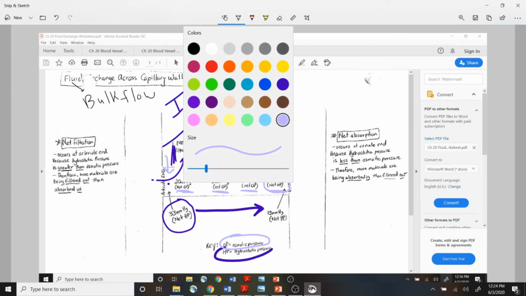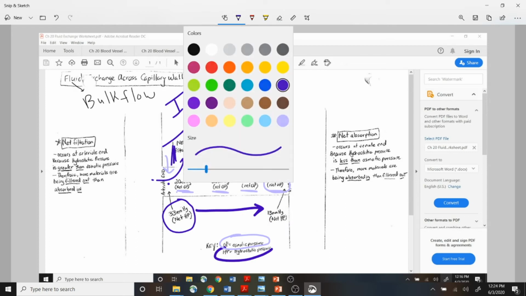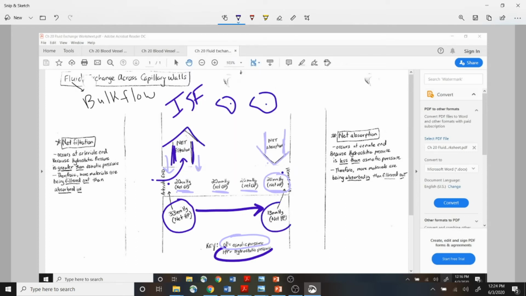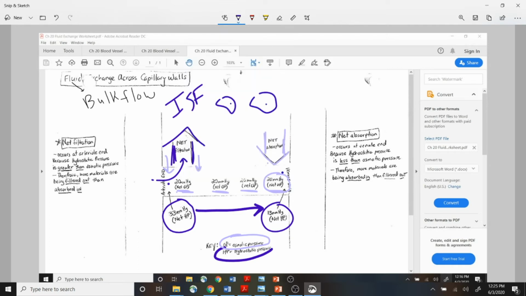So now if it's a battle, the winner, oops, I just covered my number up so you can't see it, the winner is osmotic pressure now. It's greater than the blood pressure, which will help to pull more fluid in, which you can see, net absorption occurring, is greater than the push, the 13 millimeters of mercury, the push of fluid out.